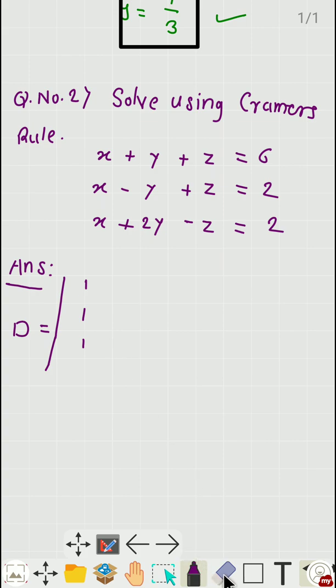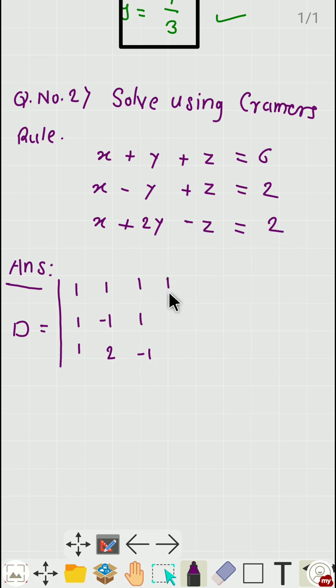The second column is 1, minus 1, and 2, and the next column is 1, 1, minus 1.